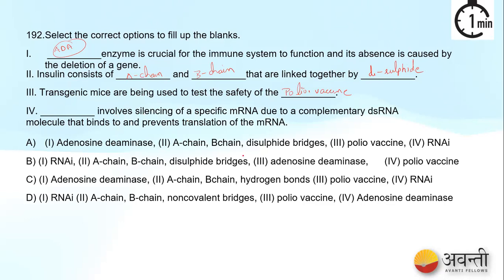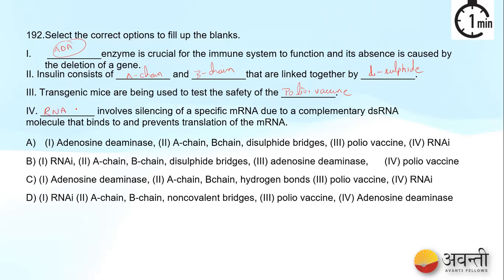Dash involves silencing of a specific mRNA due to a complementary double-stranded RNA molecule that binds and prevents the translation of the mRNA. Meloidogyne incognita in tobacco plant. So we talked about this, right? Whenever we talk about Meloidogyne incognita, we know that we use RNA interference technology, that is RNAi technology.